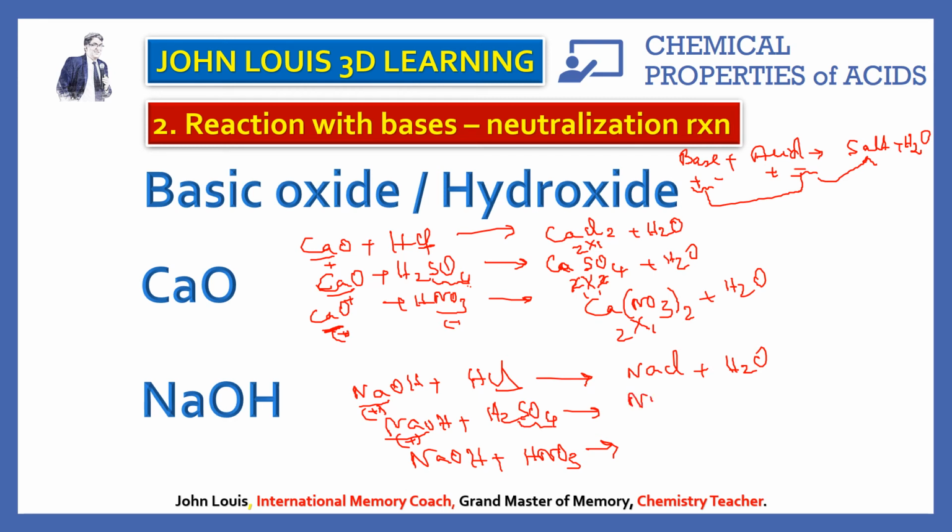Here sodium is the positive ion in the base, and sulfate is negative, therefore sodium sulfate. Sodium valency is 1, sulfate valency is 2. If you interchange you will get Na2SO4 plus H2O. And with nitric acid, you get sodium as the positive ion from the base and nitrate as the negative ion from the acid. Therefore you get NaNO3. Valency 1 and 1, so the formula will be NaNO3 plus H2O.